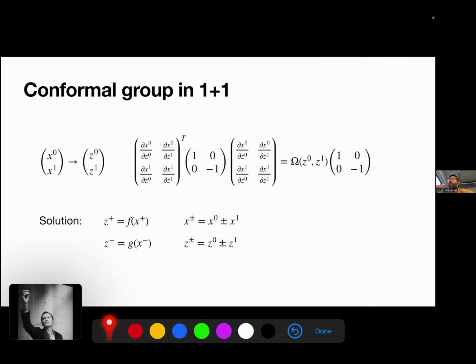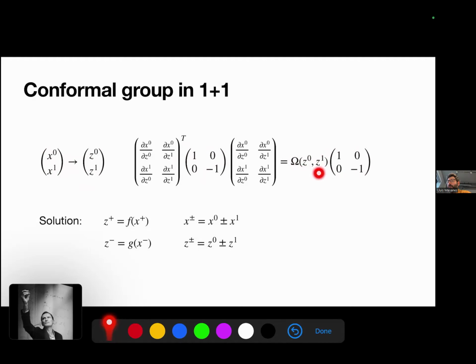So now we go back to the continuum, okay? Now our coordinates are, if you want, space and time, okay? 0 and 1, space and time. So it's R2, okay? Now, let us consider all transformations from x0, x1 to z0, z1 such that when I transform the metric tensor, it stays invariant up to a proportionality factor that is strictly positive, okay?